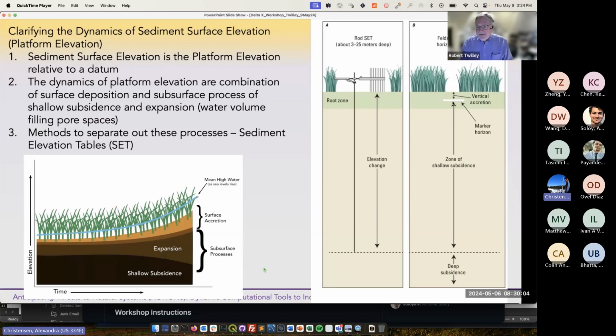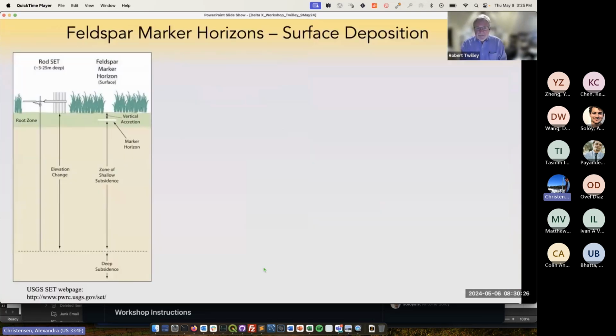But what it does is it gives you that accretion component, again, over a 100-year time scale. When you take that and account for subsidence, then you get an idea of what the net elevation change of the surface is. So I just want to be really clear on that because it's a very important part of this exercise.